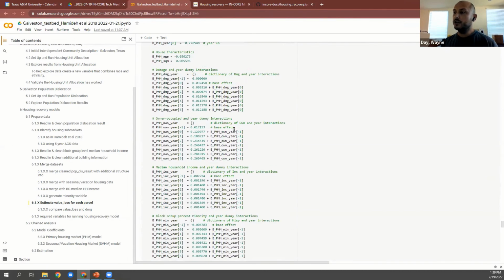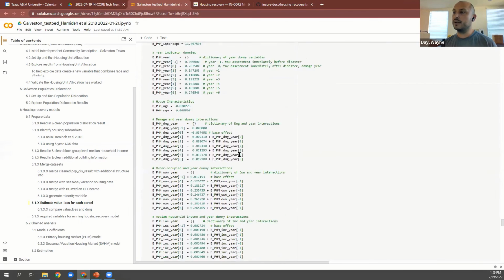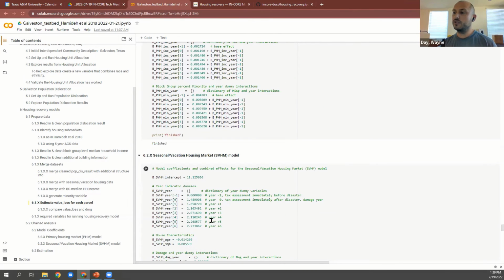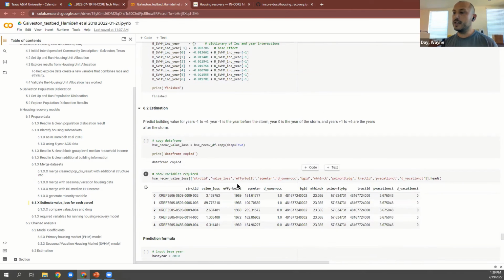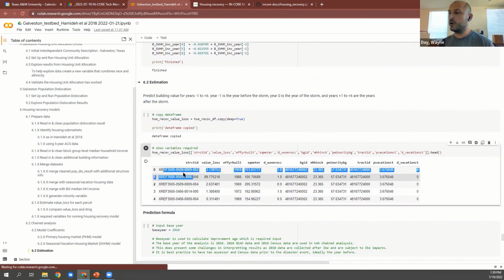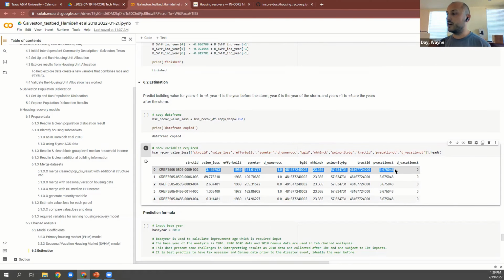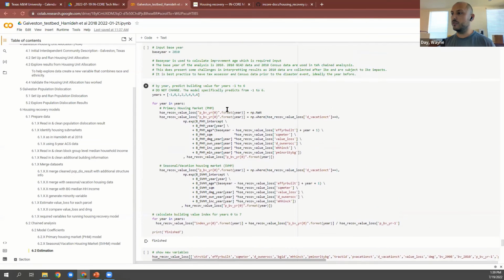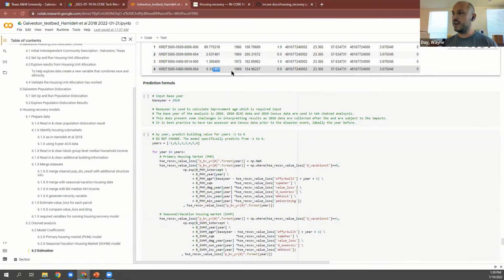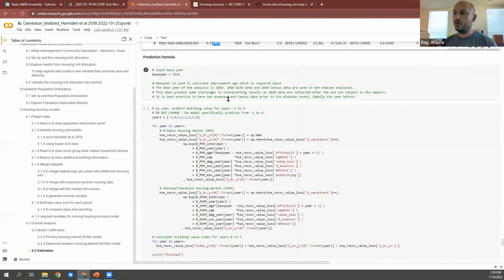These are the coefficients for the primary housing market model and the seasonal housing vacation model. Then we get into estimation, where for each parcel you take the input variable values, multiply them by the coefficients, and end up with a predicted building value per year.